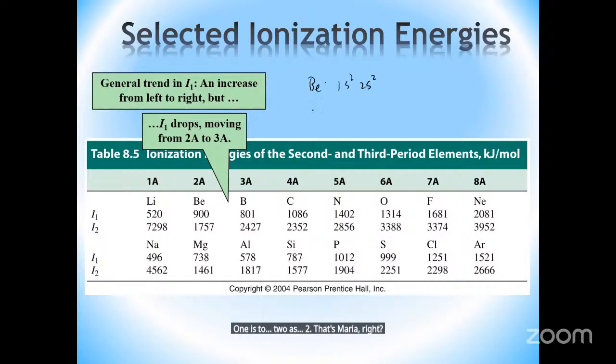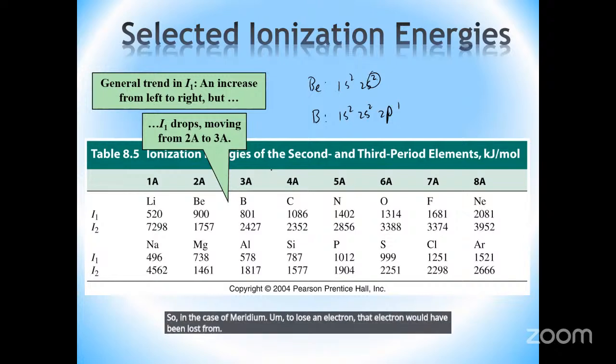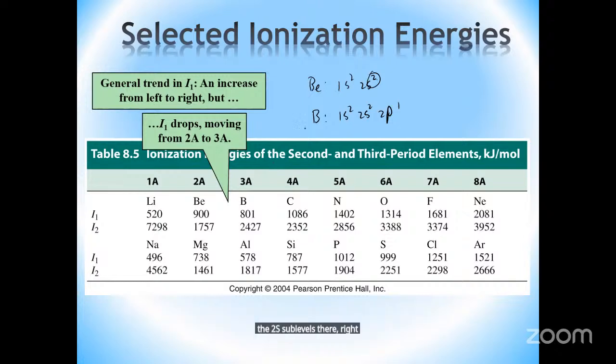In the case of boron, its electronic configuration is 1s2, 2s2, 2p1, right? So, in the case of beryllium, to lose an electron, that electron would be lost from the 2s sublevel there, right? But in the case of boron, the one electron to be lost would have to be lost from the 2p sublevel, which is of a higher energy, right?